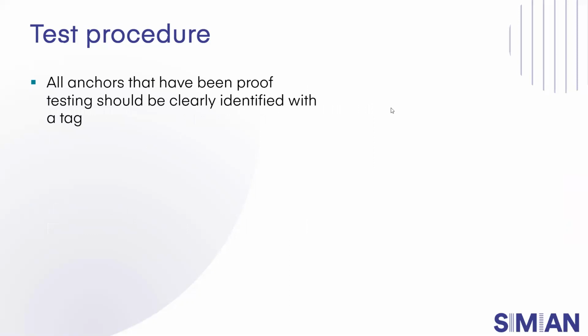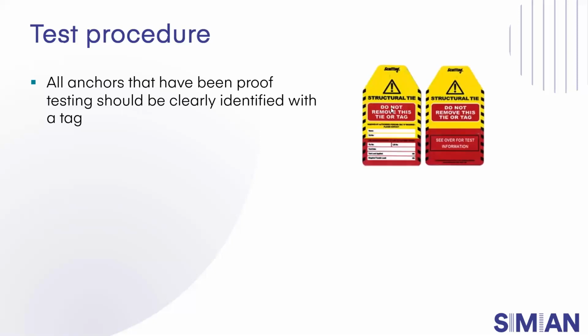All anchors that have been proof tested should be clearly identified with a tag. So there's an example. Obviously, loads of different types of tag on the market. That's quite a good example of a tie tag. It tells users of the scaffold that it's a structural tie and that they shouldn't remove that tie or the tag.